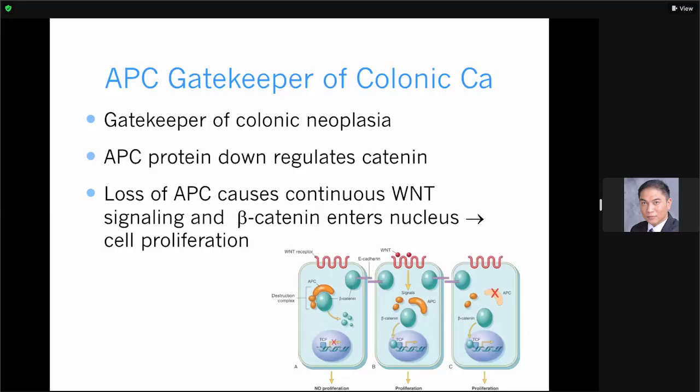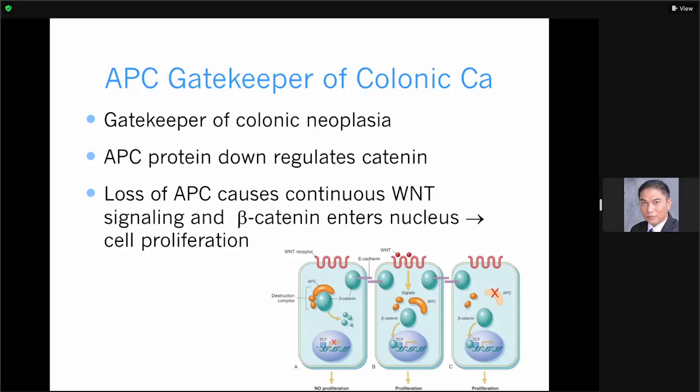APC, adenomatous polyposis coli, is also a tumor suppressor gene encoding for APC protein, which is gatekeeper of colonic cancer. Because this APC down-regulates catenin.